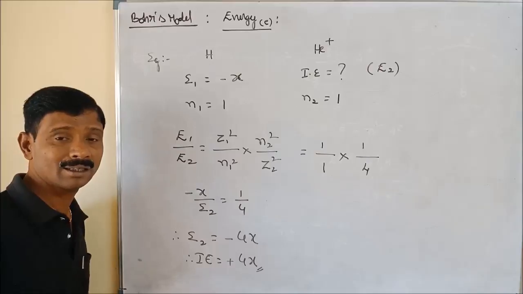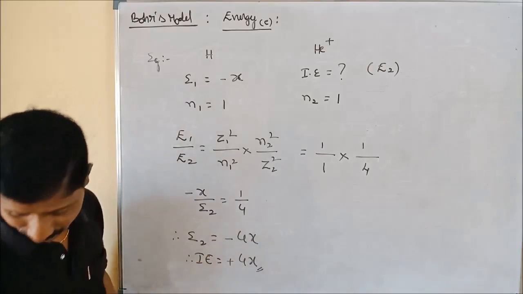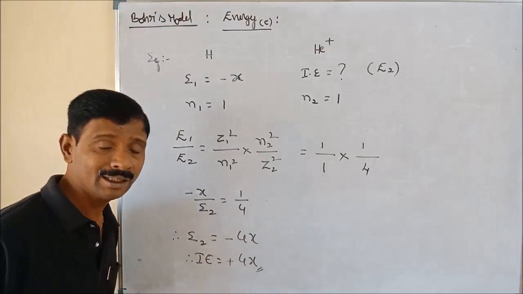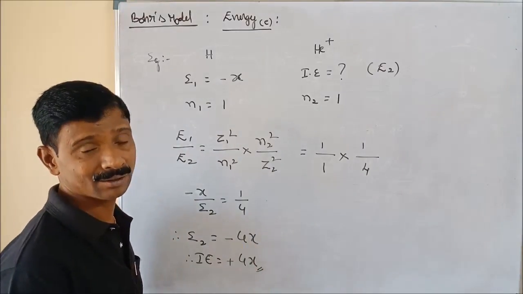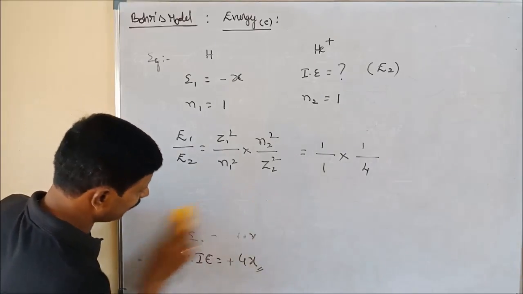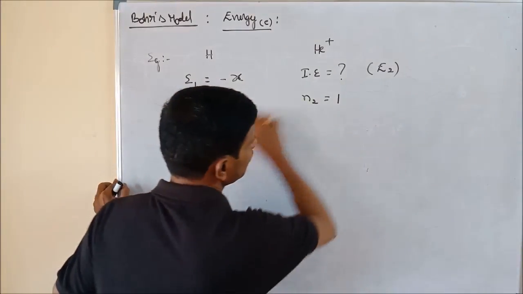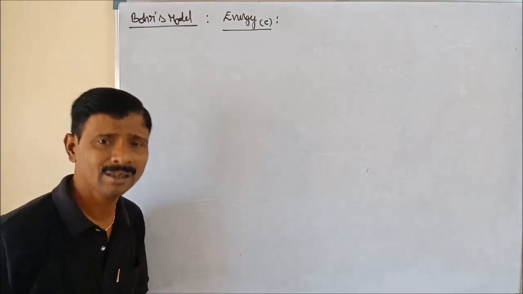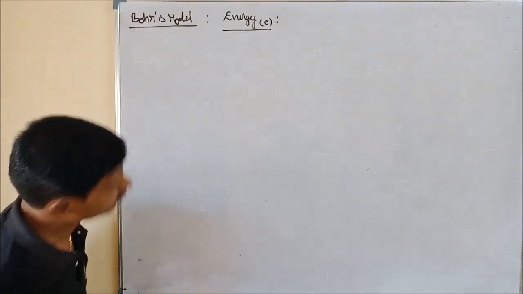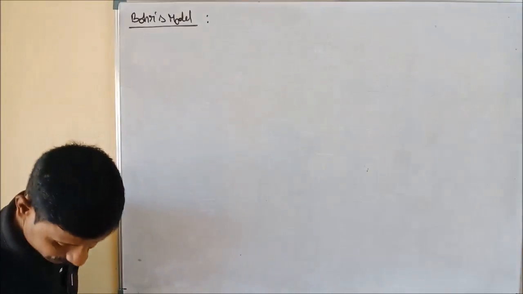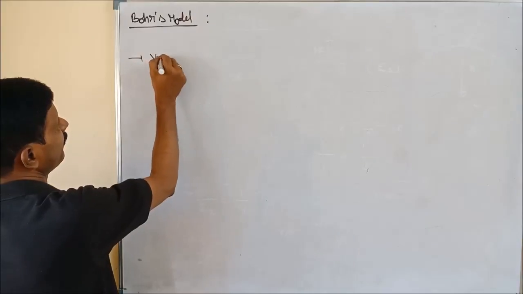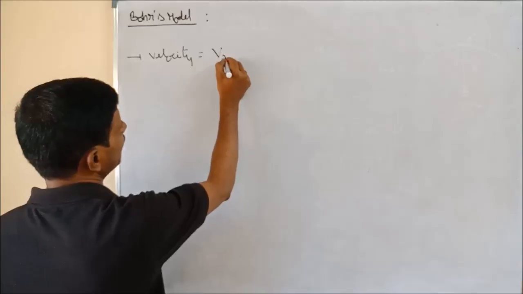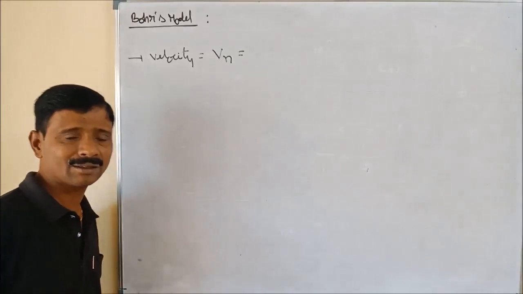So this is another model. That is enough regarding the energy, or whatever points you require in view of the energy of the electron. Now after that we have three simple concepts. The first is velocity. Directly I am giving the formula here. If you observe the velocity of the electron, let it be Vn, meaning in the nth orbit the electron is revolving.